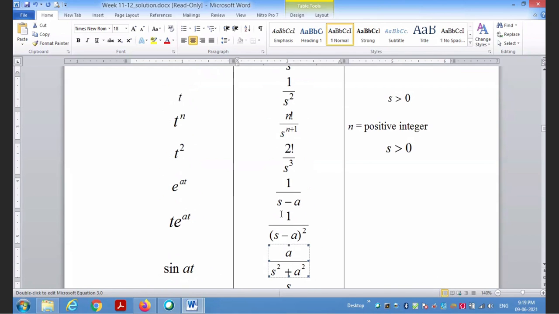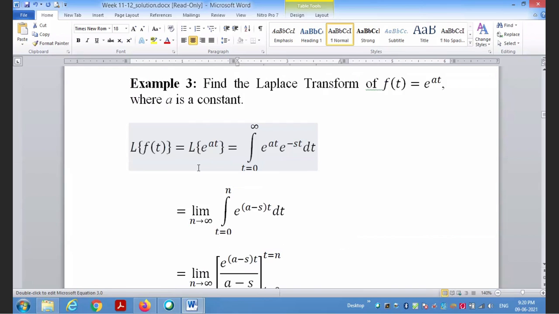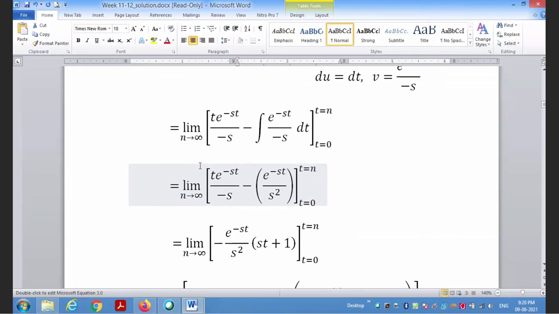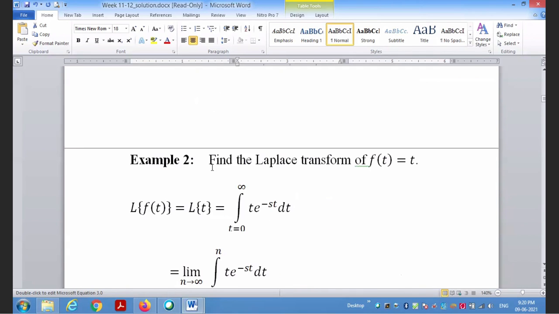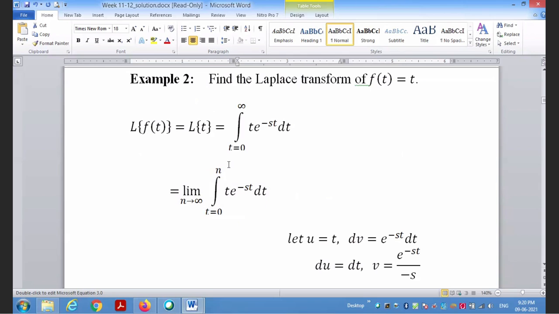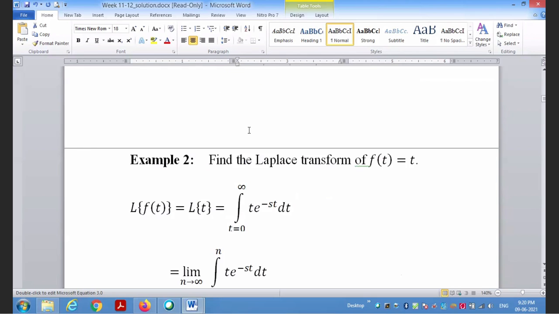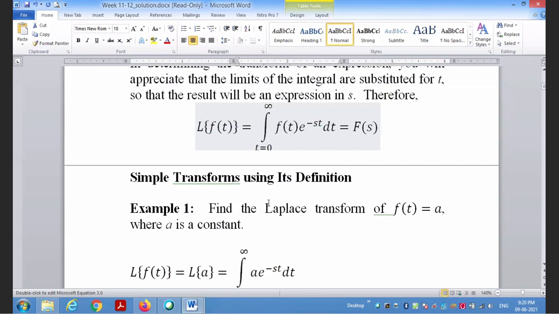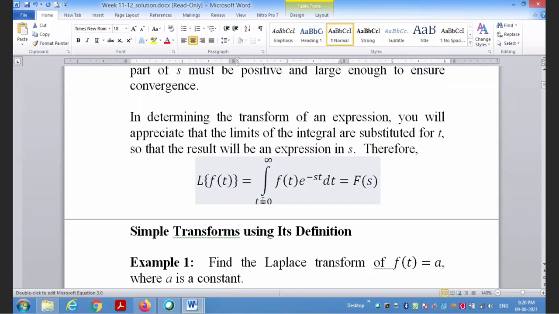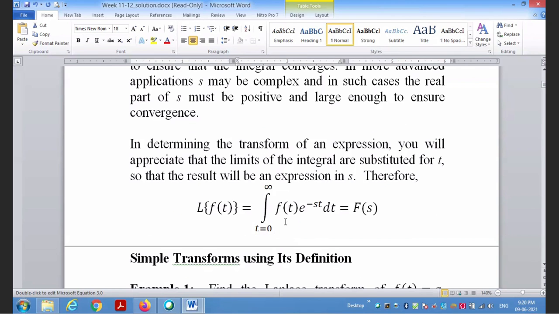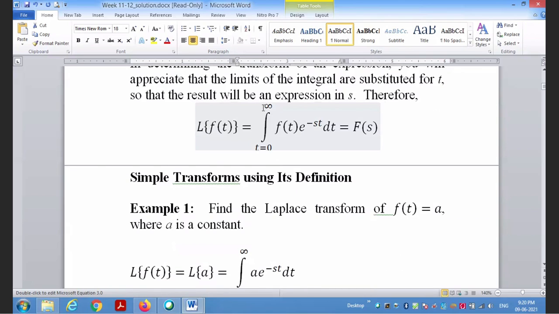You know the definition: the Laplace transform of f of t is equal to the integral of f of t times e to the power of minus st, integrated with respect to t, a semi-infinite integral, which you replace with a limit.